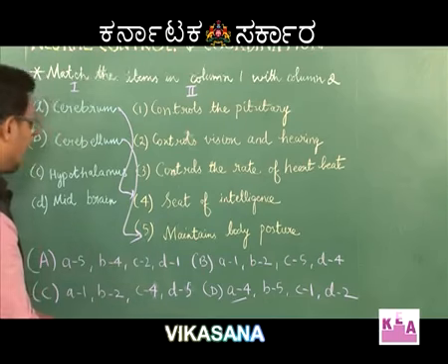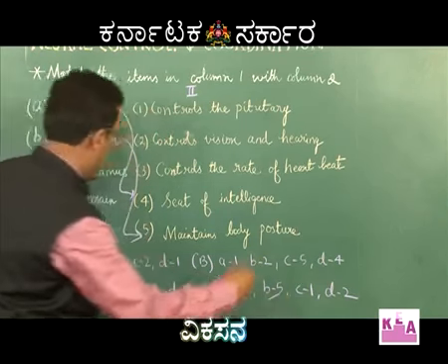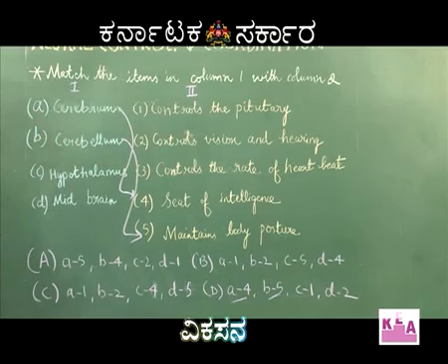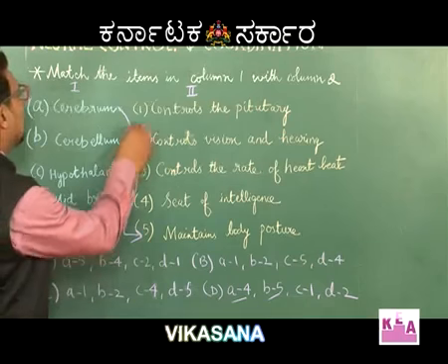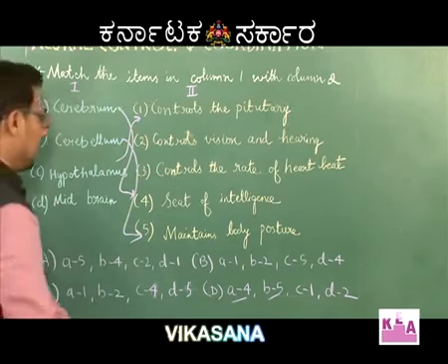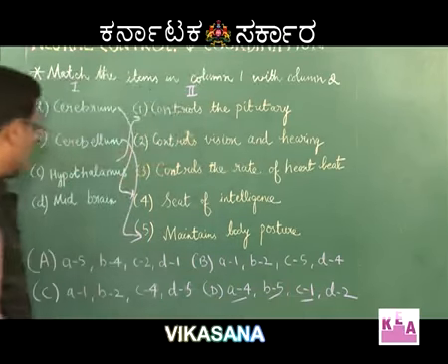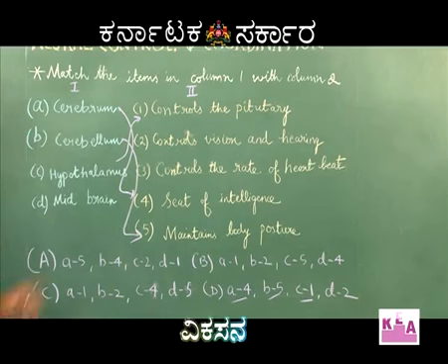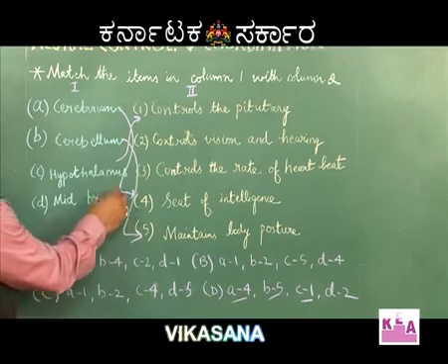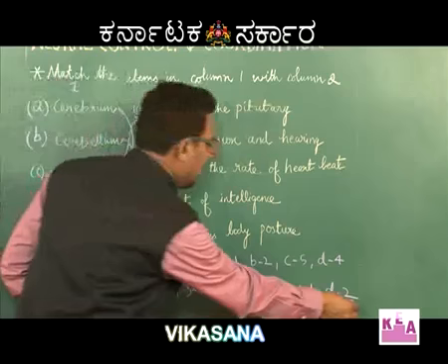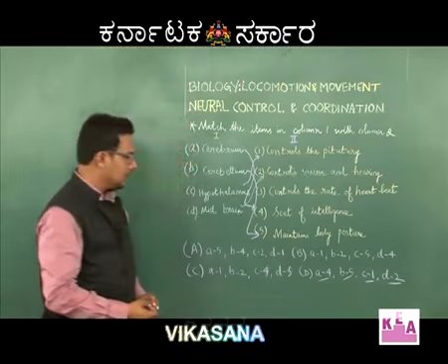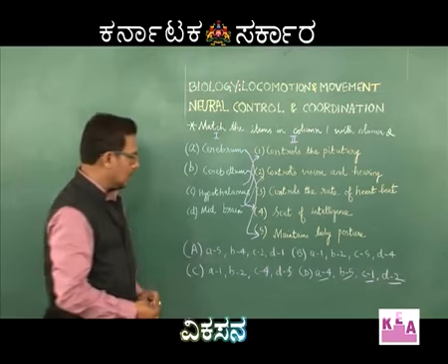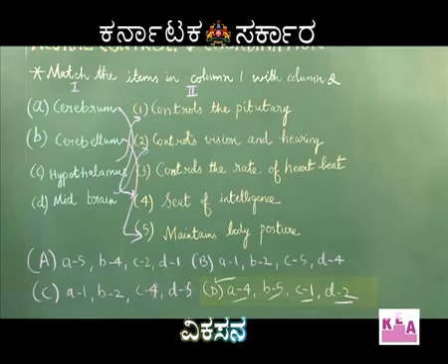We have B5 in option D. Hypothalamus controls pituitary, that is C1. So, C1 is there in option D, and last, midbrain controls vision and hearing, that is D2. So, the answer for this question is option D.